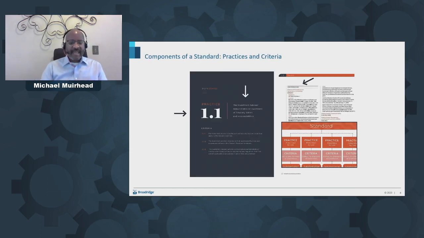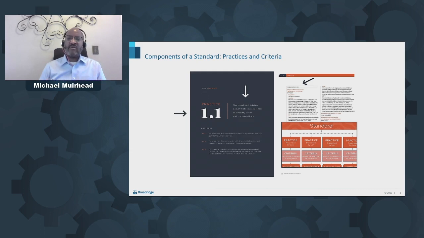So within the handbooks, each practice is laid out as you see on the screen. So we define the practice. In this case, we're looking at practice 1.1, and underneath the practice, you'll see the criteria that provides further details around application of the practice.